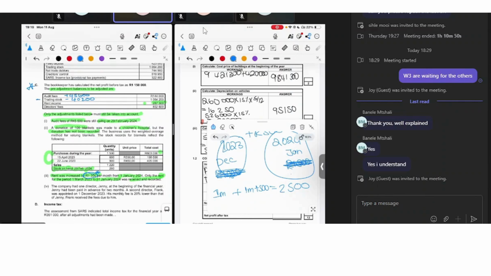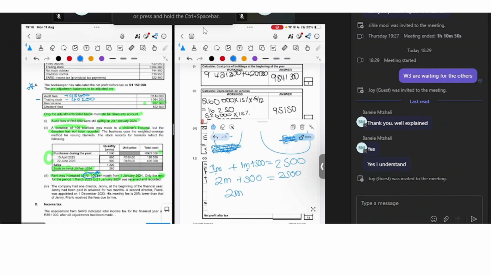We don't know what the rent is, but we're using the M to represent it. So we say 1M plus 1M, and that will give us 2M, and then plus 500, which will give us 2,500. So we take the 500 to the other side, and that will give us 2,000.